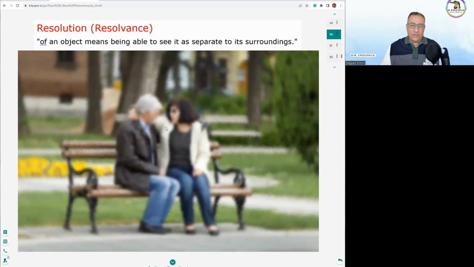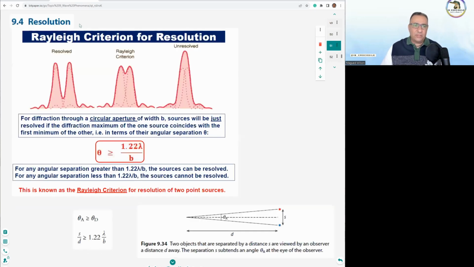That's why we call this a low resolution picture. In physics there is something called the Rayleigh criterion for resolution, and this is what the question is about.